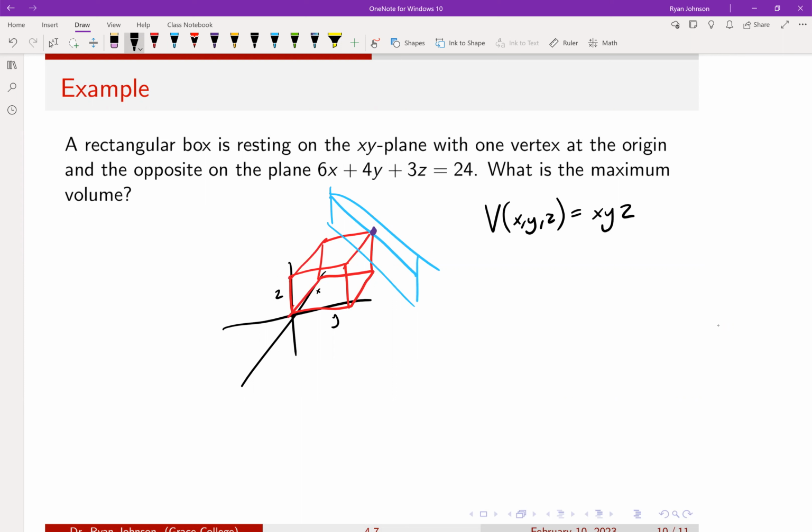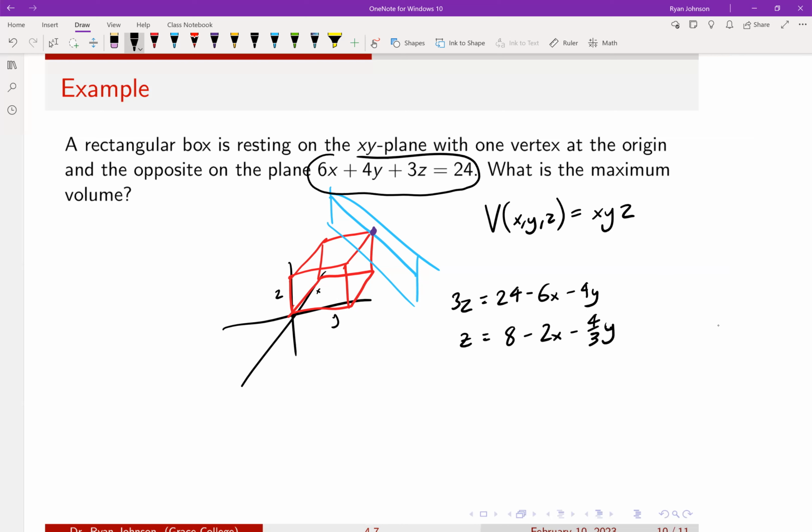I can solve for one of the variables. Taking this equation, I solve for z. So 3z equals 24 minus 6x minus 4y. That means z equals 8 minus 2x minus 4/3 y.